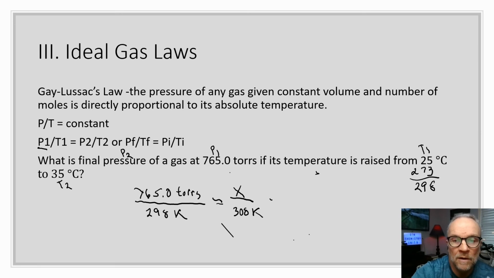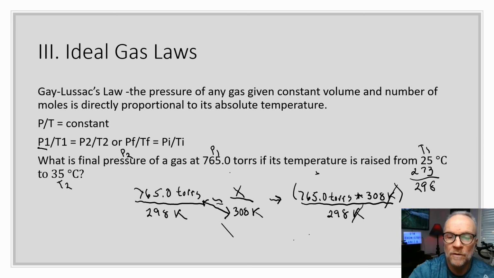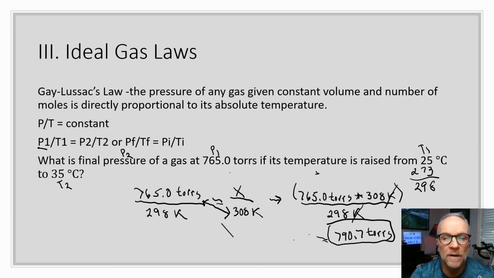So it would be 765.0 over 298 Kelvin times 308 Kelvin. The Kelvins will cancel, and our final answer will be in torr, 790.7 torr. Answer there. Okay, very good.